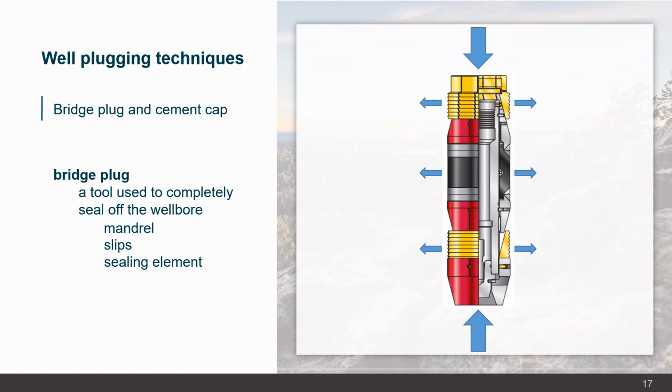In addition, the compression pushes the sealing element outwards, and it also engages with the walls of the casing. This sealing element prevents fluid from passing upwards or downwards past the outside of the bridge plug. In addition, because the mandrel has a plug at the bottom, it prevents any fluids from passing through the inside of the bridge plug.